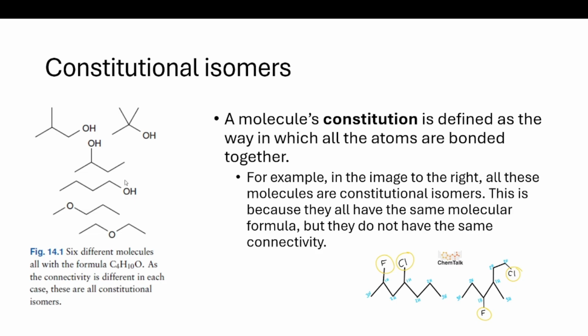This specific molecule is tert-butyl alcohol, so you can see that it's an alcohol, but this one is an ether. So there are different functional groups in these molecules, and they have the same molecular formula, just different constitutions.